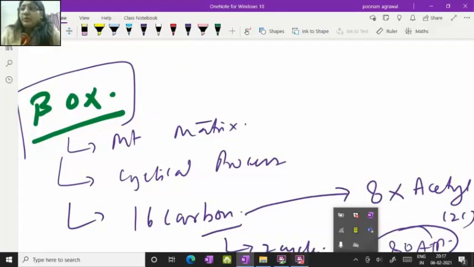Now, one thing you should know is when this beta oxidation takes place. A slight amount of beta oxidation even takes place in the well-fed state. Skeletal muscle, adipose and heart muscle oxidize fatty acid even in the well-fed state.